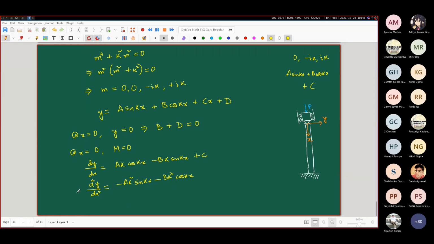We actually have to multiply this with EI all throughout, but the good news is that this is m equal to 0. So we can quickly write this down.